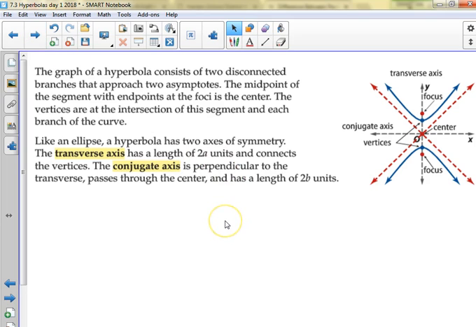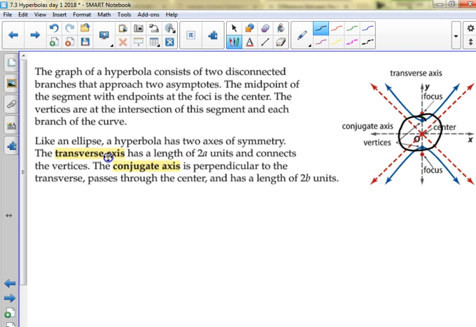All right, this is vocabulary that I think, if you look at your green sheets, is on there. I know it's on there, but it says transverse axis and conjugate axis on there. If we were drawing an ellipse, those would be the major and minor axis. Okay? So if we were drawing an ellipse in here, we'd have these two axes.